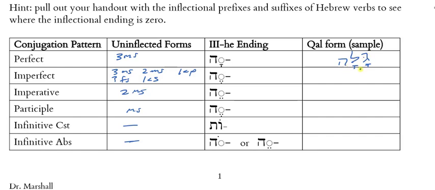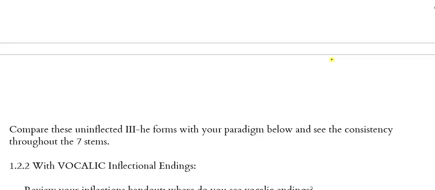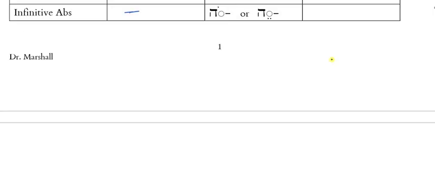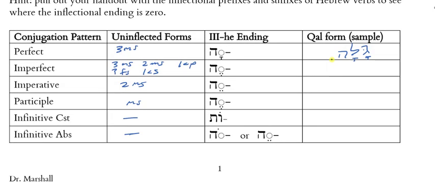Root 1, root 2, there is no root 3, qamets he is the inflectional ending. Now, I've got a note here to compare these uninflected 3-he forms with your paradigm below and see the consistency throughout the 7 stems. That's what we want to do now. I've given you the qal perfect 3ms as a sample form, but take a look at the other stems and their perfect 3ms forms, and I want you to notice the consistency here.